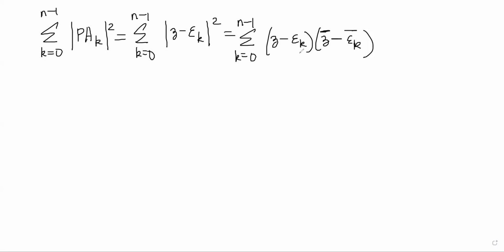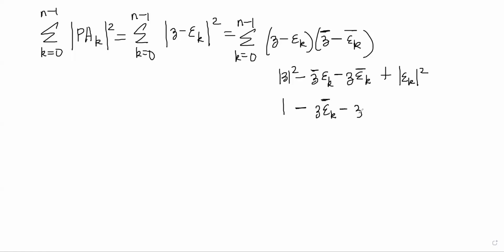And now we'll simplify this a little bit. This is mod z square minus z conjugate ek minus z ek conjugate plus mod ek square. So this is 1 minus z ek conjugate minus z conjugate ek plus 1, right?